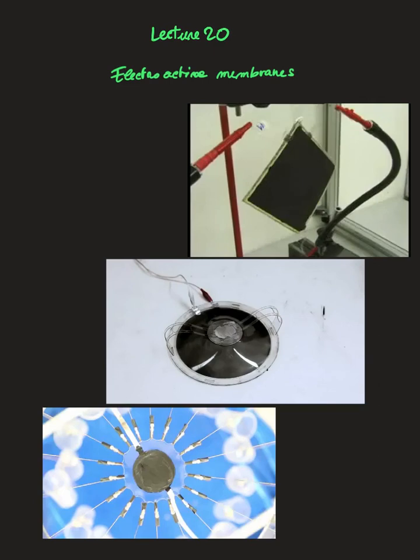Capacitors are essentially made of an insulating film. I am exaggerating the thickness here, and this insulating material is put between two plates, which are two electrodes. This is really what in physics is called a capacitor.